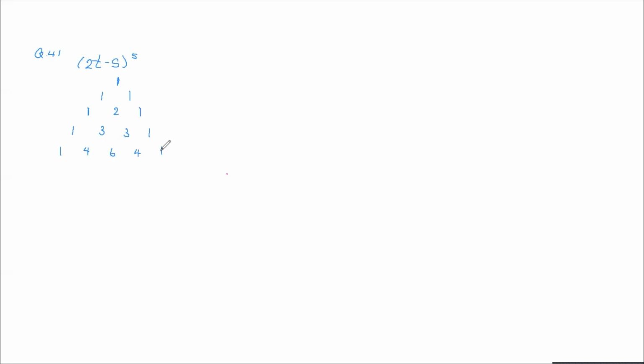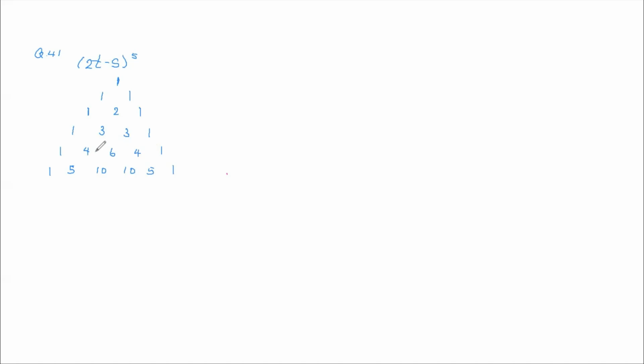Next is the fifth row, so it starts with 1. Next, 1 plus 4 becomes 5, 4 plus 6 becomes 10, 6 plus 4 becomes 10, and 4 plus 1 becomes 5, and bring 1 down.